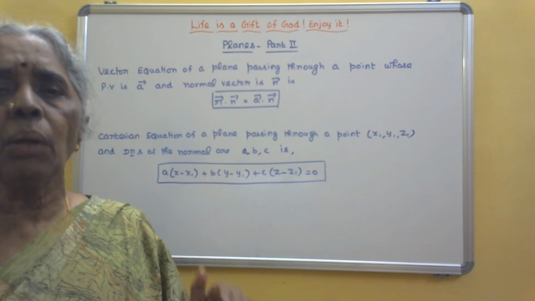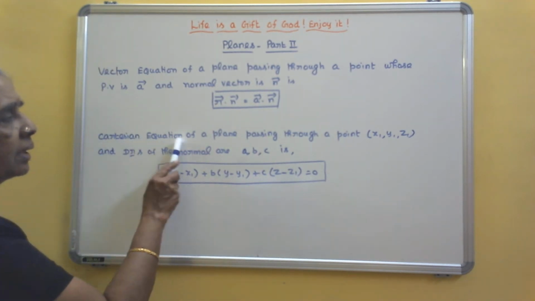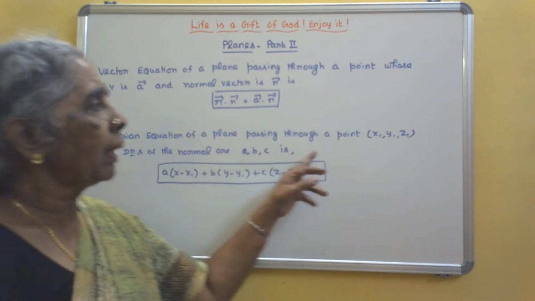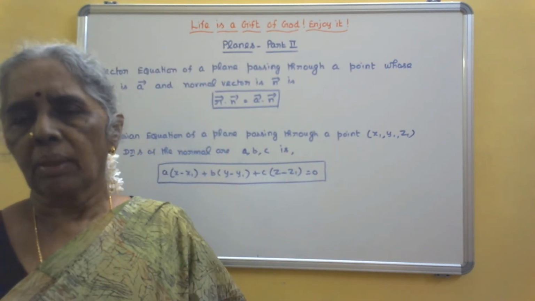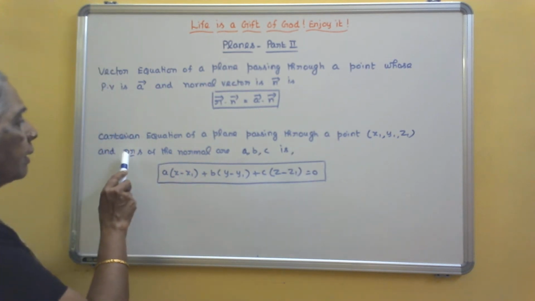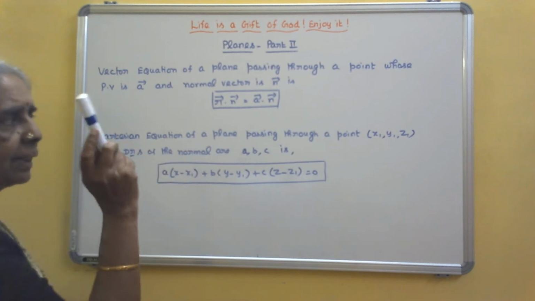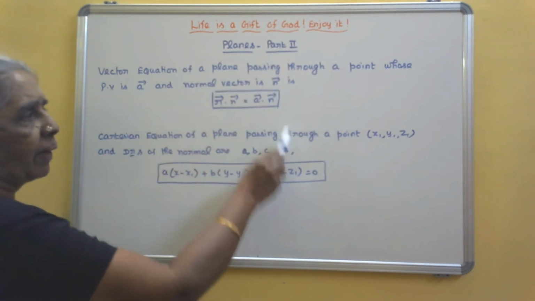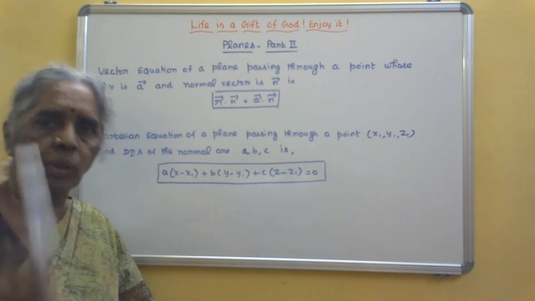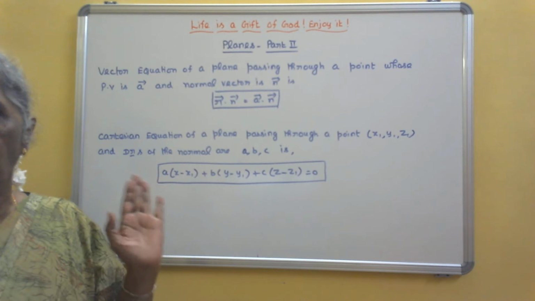Now let us go to the corresponding Cartesian equation. Here the Cartesian equation of a plane passing through a point x1, y1, z1 and the direction ratios of the normal are a, b, c is: there the point is a vector, the normal vector is n vector. Here the point is x1, y1, z1 and the direction ratios of the normal are a, b, c.